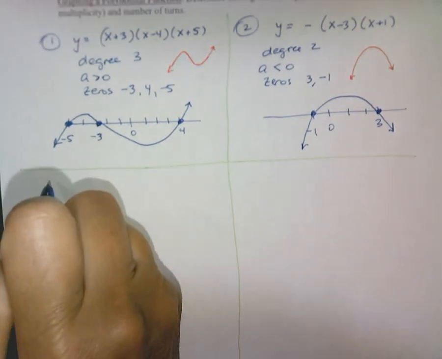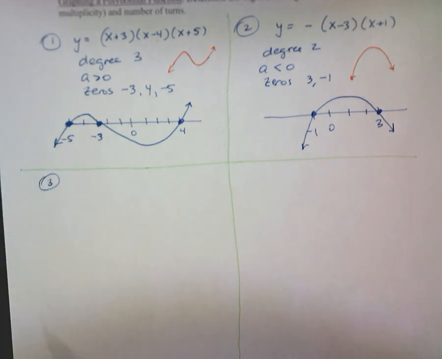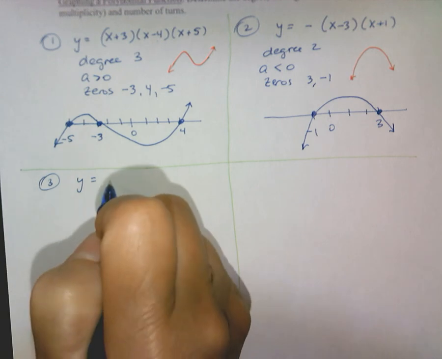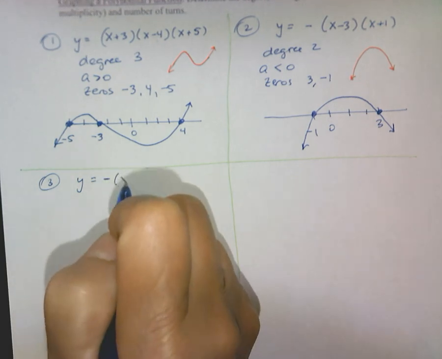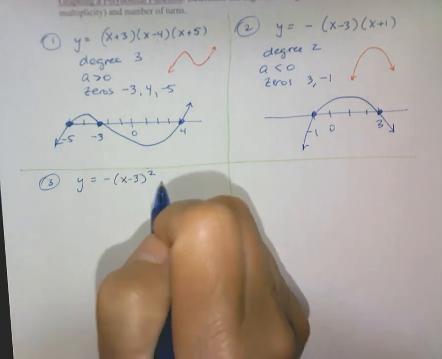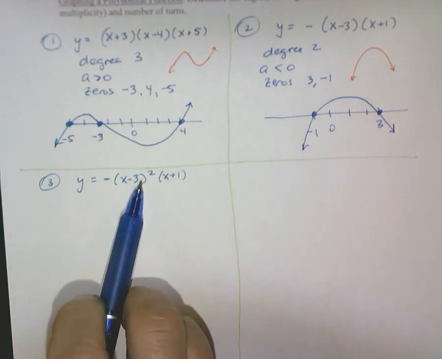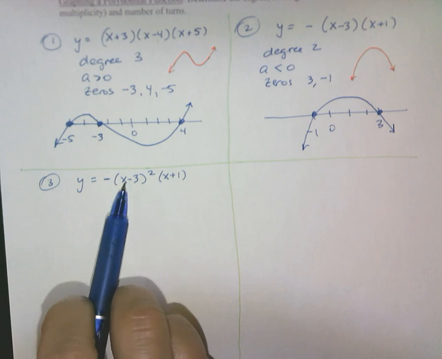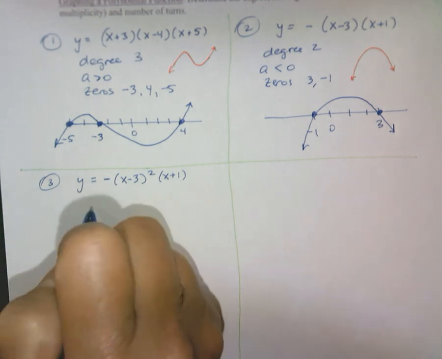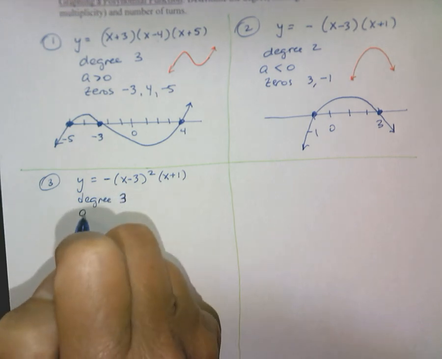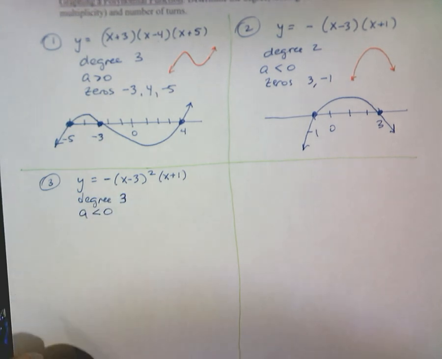Let's do y equals, let's do the same kind of graph, but let's put a negative, x minus 3 squared, x plus 1. So what I changed is I now have a multiplicity of 2 on this. So that means if I multiply this all out, I'm going to get an x cubed. So my degree is 3. My leading coefficient is negative.